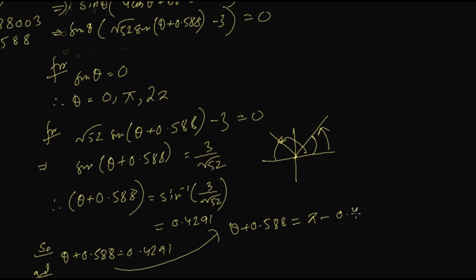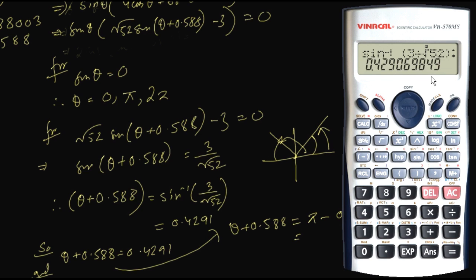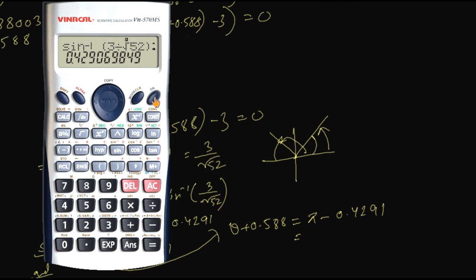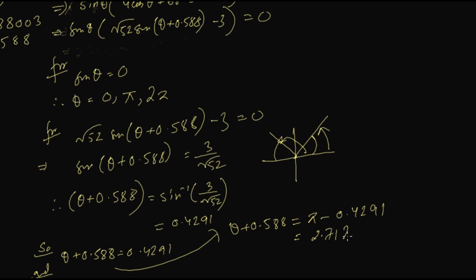Basic angle 0.4291. So this is going to be pi minus 0.4291, which is 2.7125. So let's write down the answer.